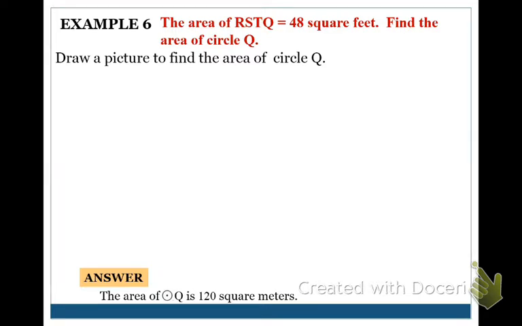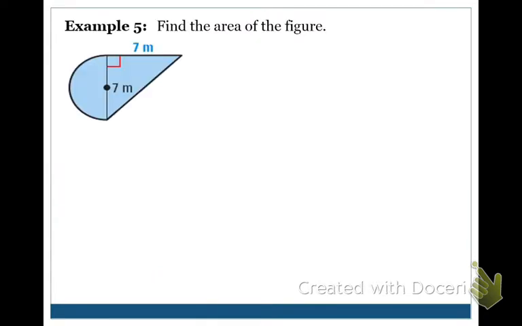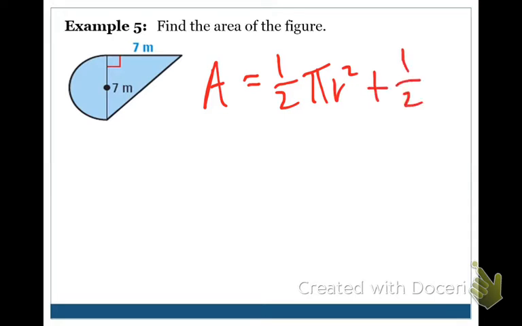We're going to skip this example. Find the area of the figure. You've got half a circle and a right triangle. So the area equals 1/2 pi r squared plus 1/2 base times height.